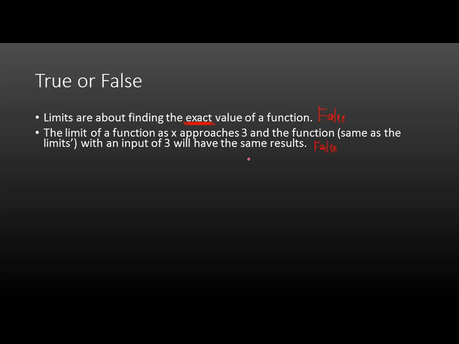It depends. What it's trying to imply is that the limit of f of x as x approaches 3 is just the same as the function of 3. Well, no, not at all.